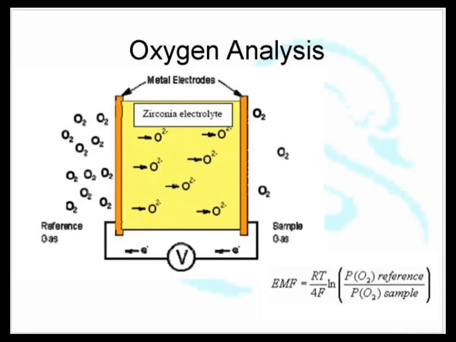One of the first types of gases we need to measure is the amount of oxygen in the gas. For this we use a zirconium cell. Zirconium is a special mineral that's mined, it's normally mined at the same places as you find diamonds. It looks very like diamond.